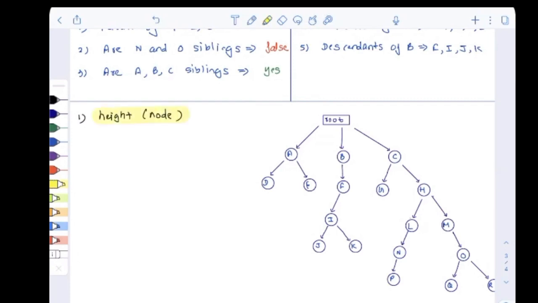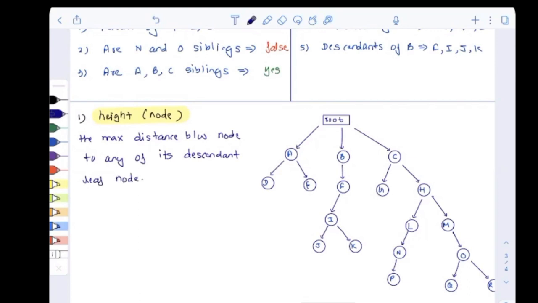Height of a node is nothing but the maximum distance between the node and any of its descendant leaf nodes. That is known as the height of that node.